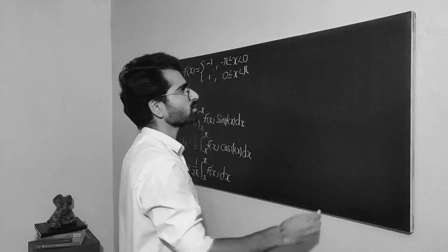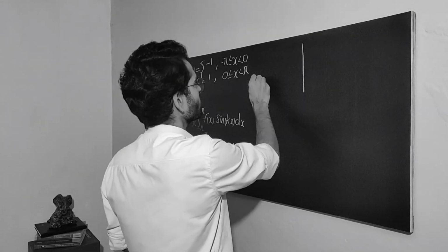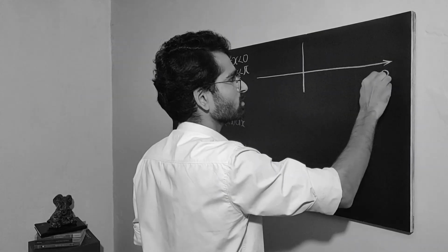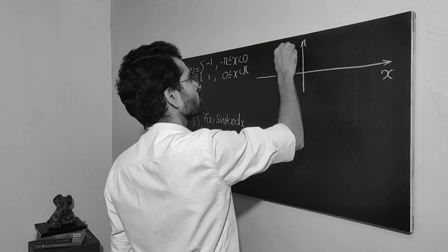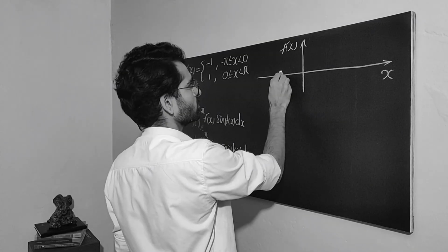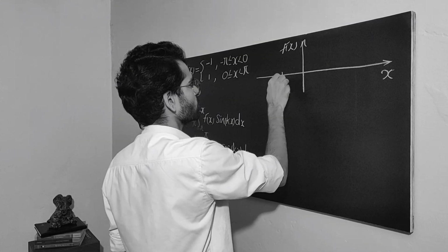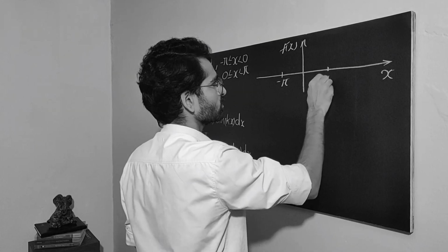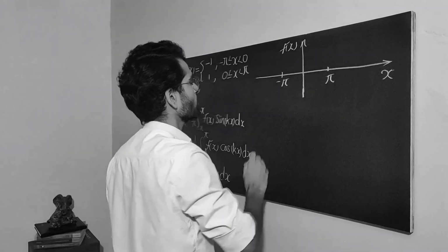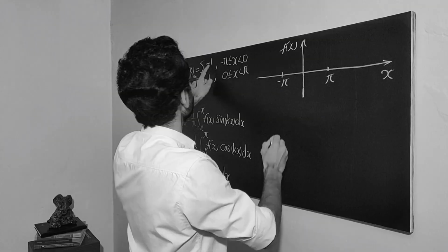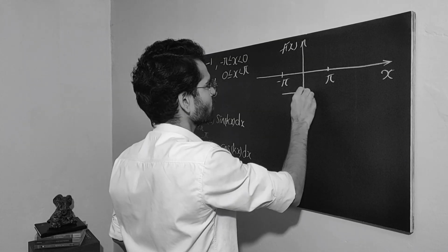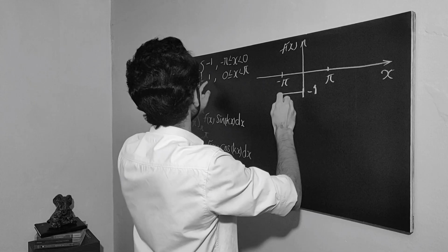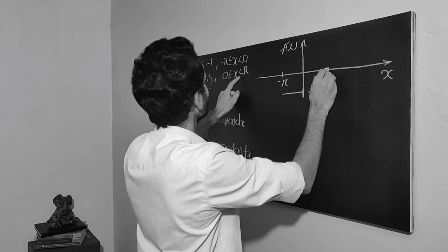And let me draw how it's going to look. This is x, this is f of x, and somewhere here is minus pi, and this is pi. It's minus 1 when you go from minus pi to 0, and it's 1 when you go from 0 to pi.